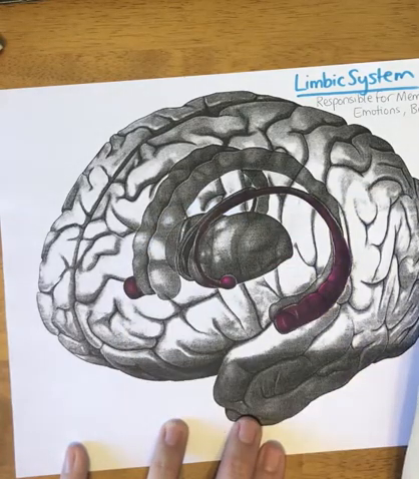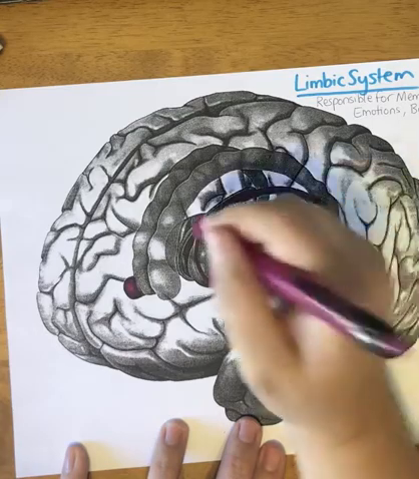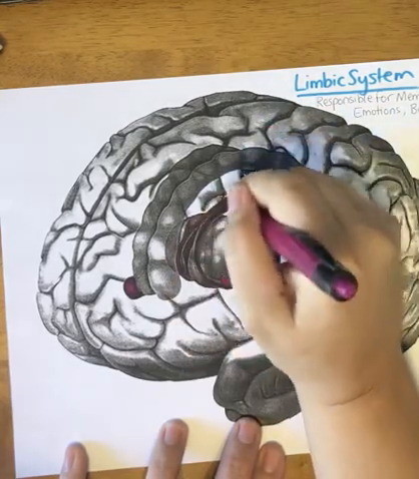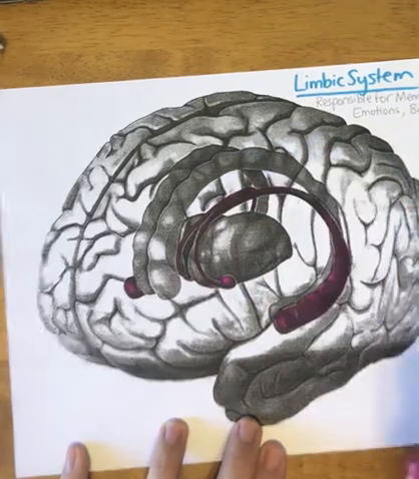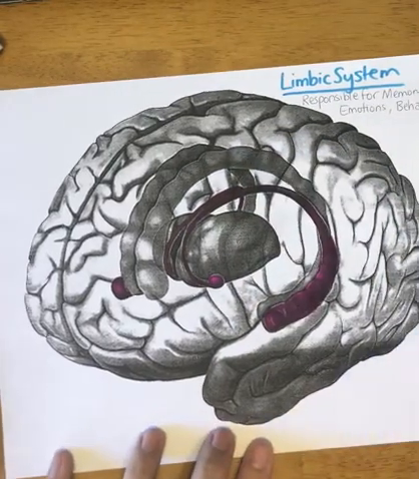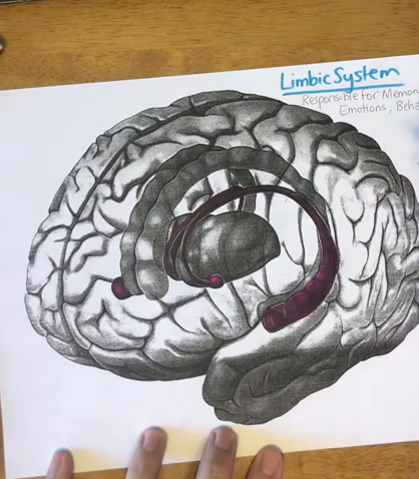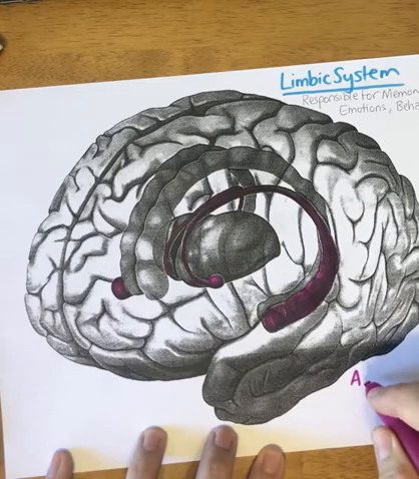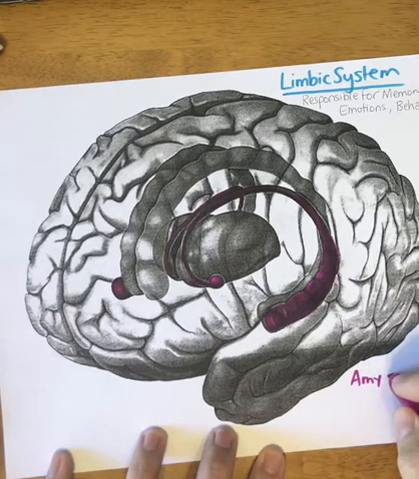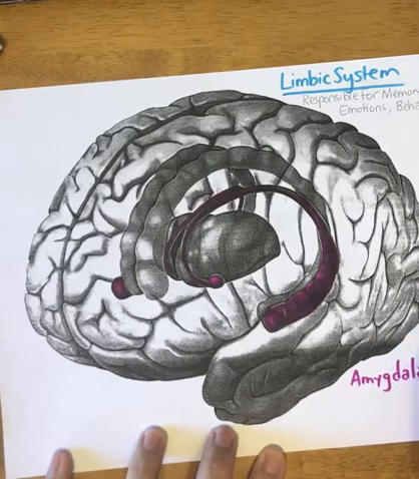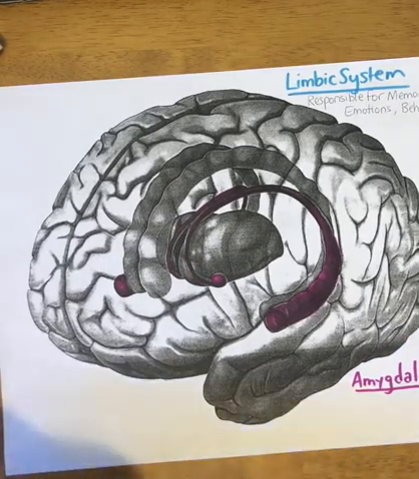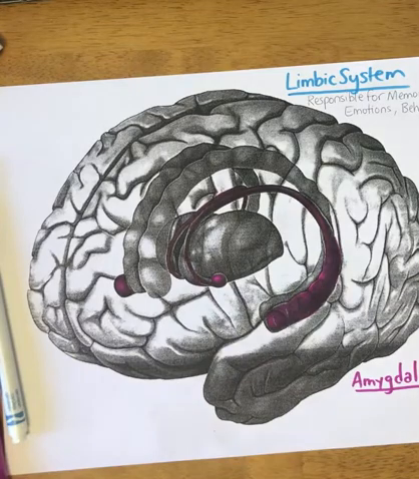On the opposite side, you can also see the amygdala. Now you will need to know the amygdala and the other structure involved, which is going to be the hippocampus.